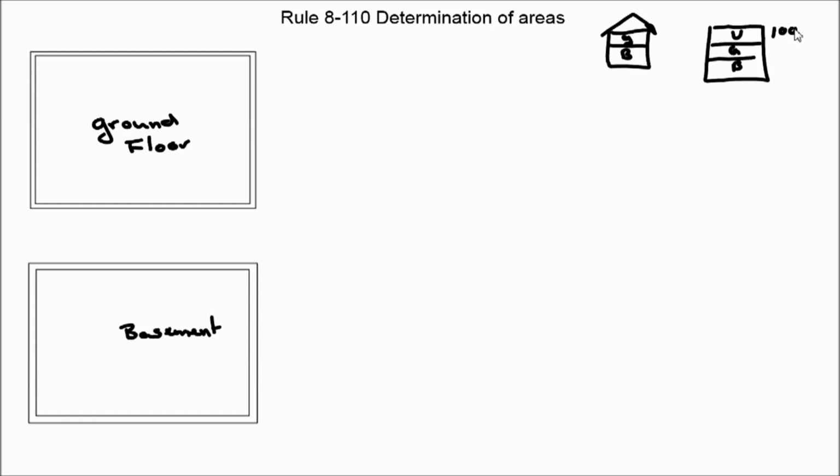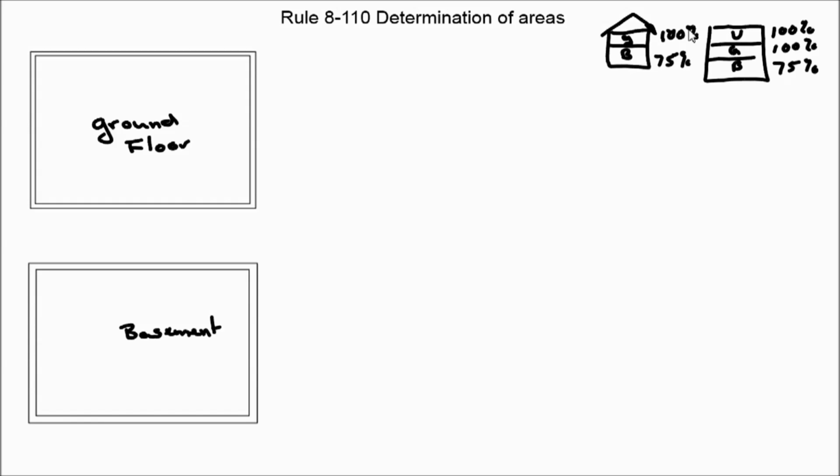This one would be 100%, this one would be 100%, and the basement would be 75%. With our basement and our ground floor, it's 75% of the basement and 100% of the ground floor, and that's it.